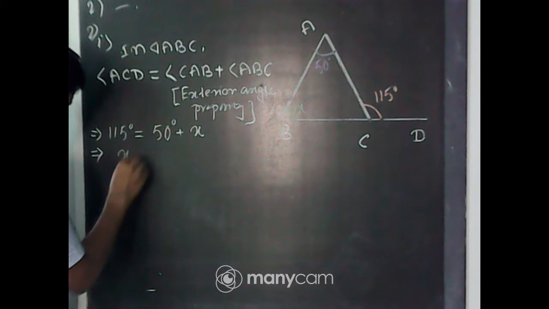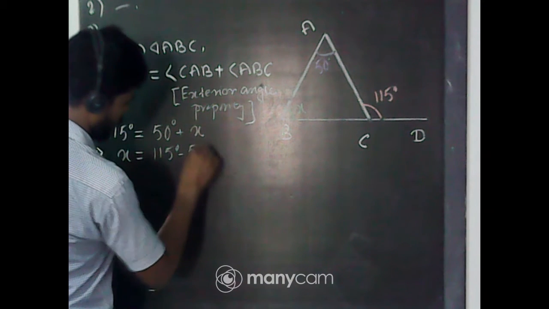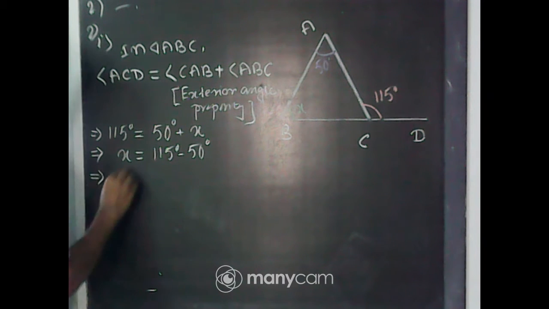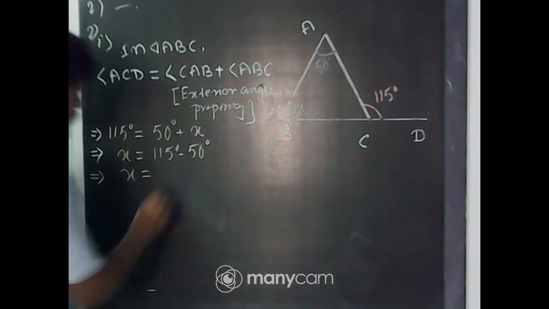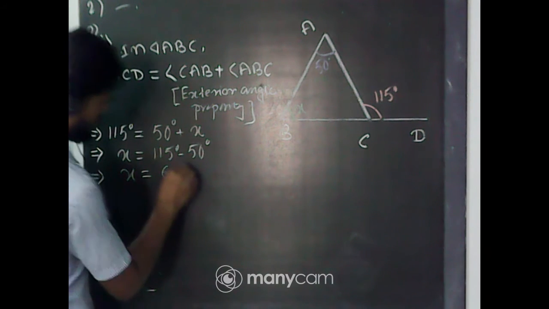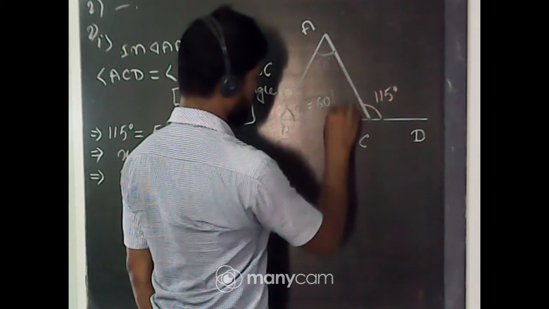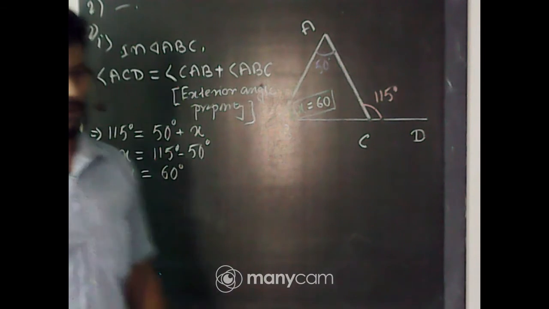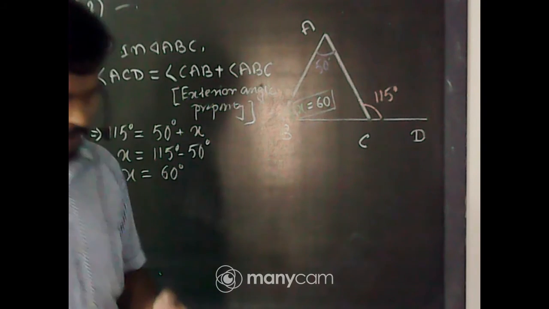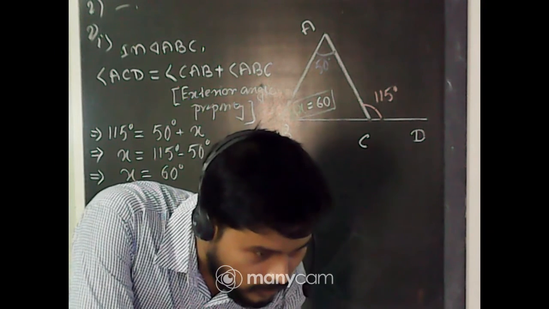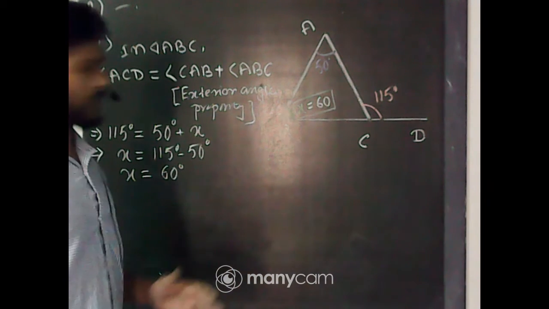So x will be 115 minus 50 degrees. Subtracting 50 from 115, it will be 60 degrees. That means the value of x is 60 degrees. Yes, I can see a lot of students have given the right answer. No, x is not 65 degrees. Yes, 60 degrees. Okay, x is equal to 60 degrees.